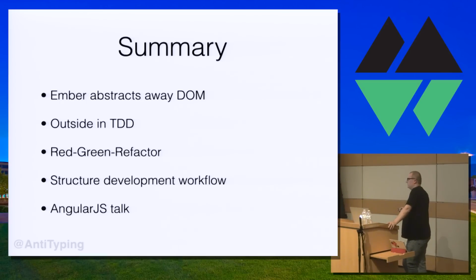I think I also showed you that outside-in TDD with Ember is really simple. Every time we pretty much started with an integration test, and then we started with the UI, the thing that the user sees, and only then did we dive into controllers and our models.